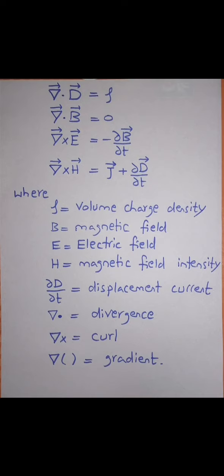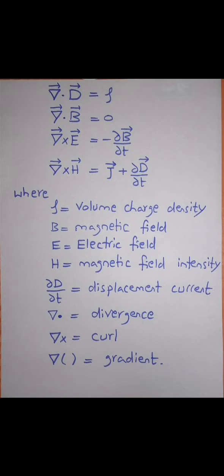In some books you see del dot E is equal to rho divided by epsilon naught, and these two equations are equal, where D is equal to epsilon E. By simply putting D equal to epsilon E, we get the same equation which we often see in different books, del dot E is equal to rho divided by epsilon naught.